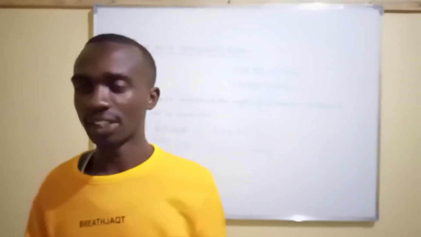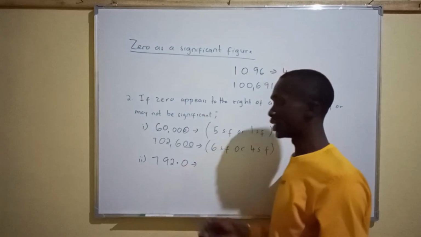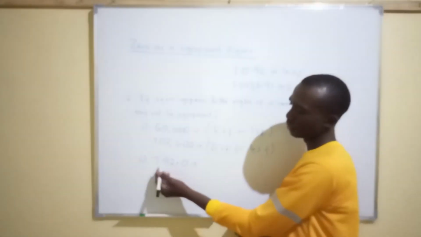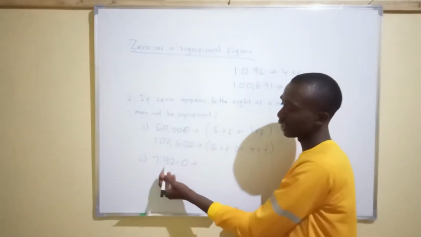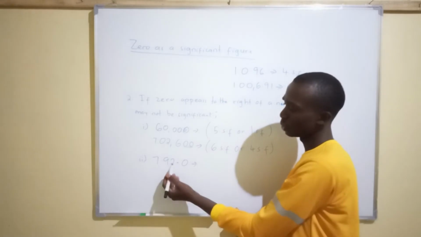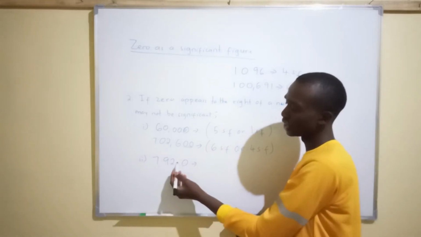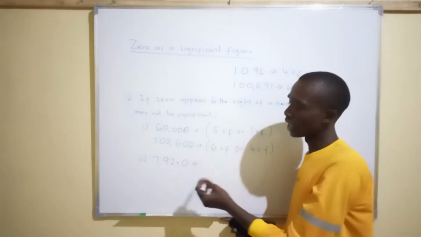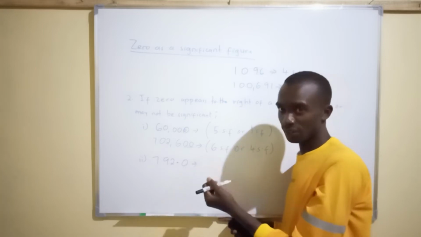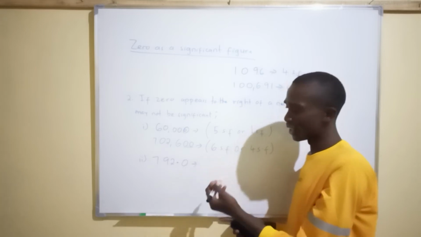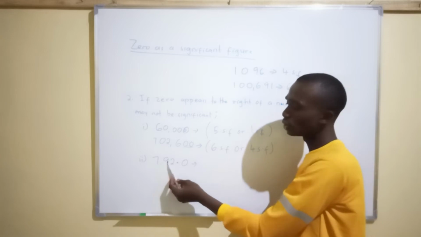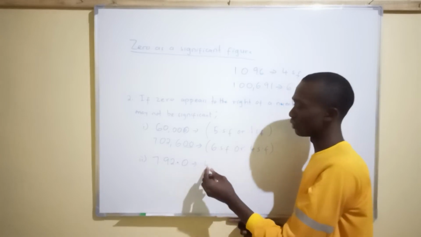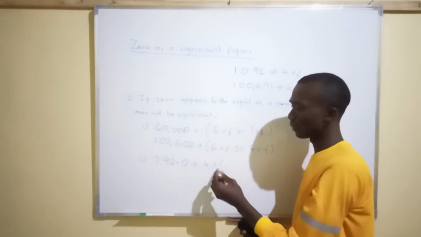The condition is that the 0 is after the decimal point. So the first significant is 7, the second one is 9, the third one is 2, then 0. The 0 is after the decimal place, so we count it as significant. So 1, 2, 3, 4. These are 4 significant figures.